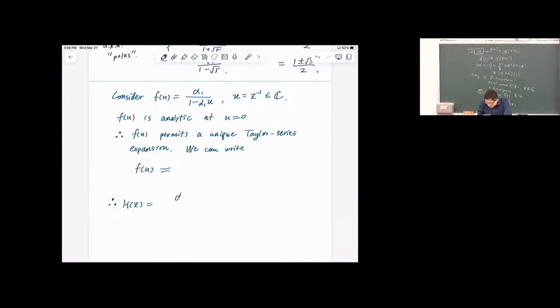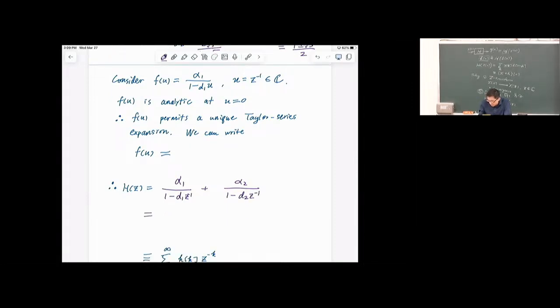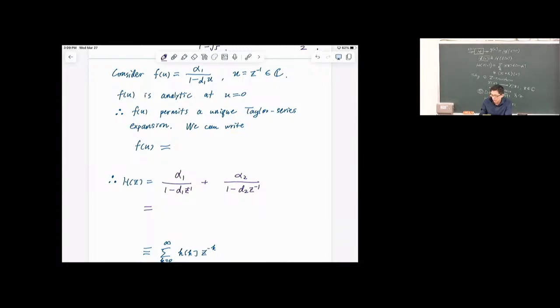One is alpha 1 divided by 1 minus D1 Z inverse, plus alpha 2 divided by 1 minus D2 Z inverse. It turns out that we can attempt to rewrite the expression as a sum of two geometric series.